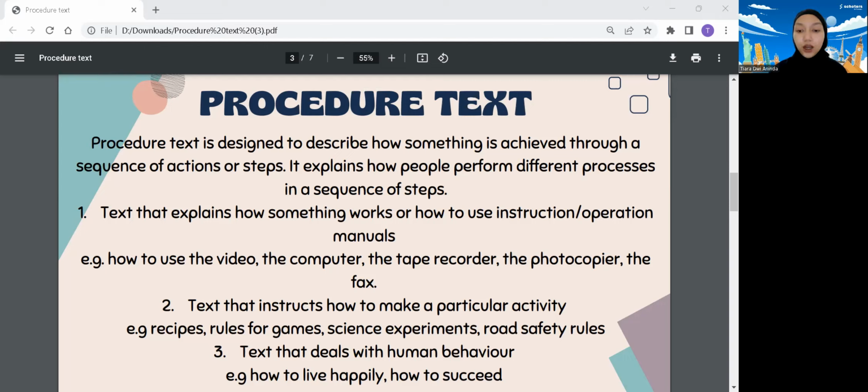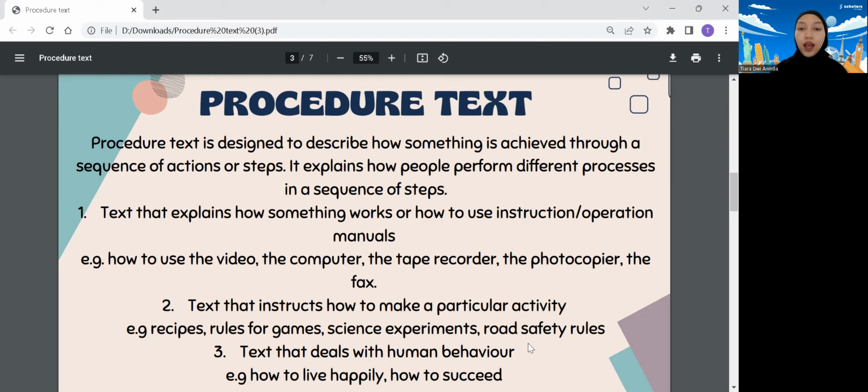For example, let's take a look at this. This text also explains how something works, like I mentioned before, to use instructions. When we watch instructions on how to use a video, how to use a computer, how to use a tape recorder, a photocopier and a fax machine, we are following a procedure text.